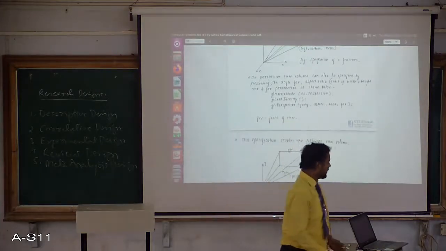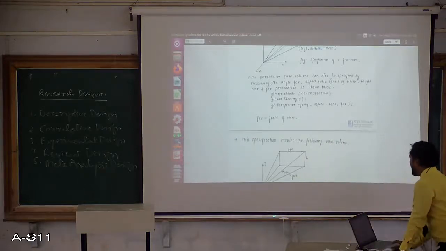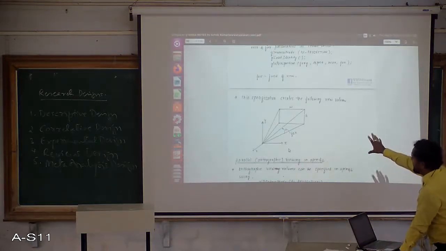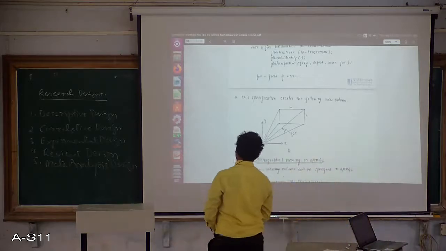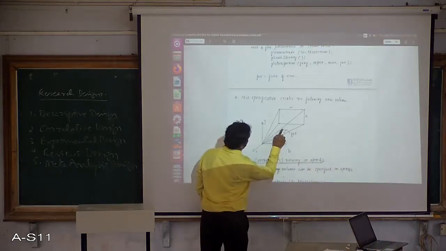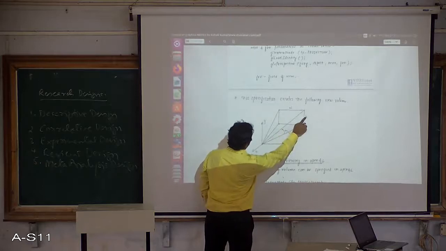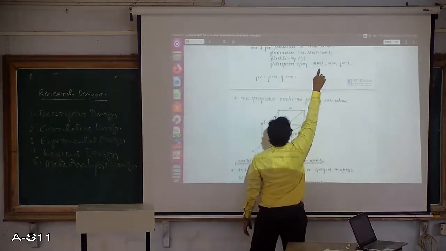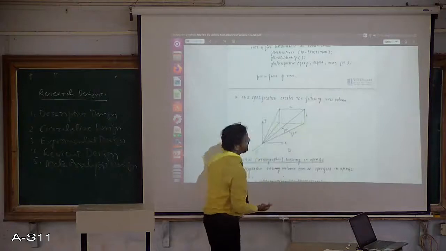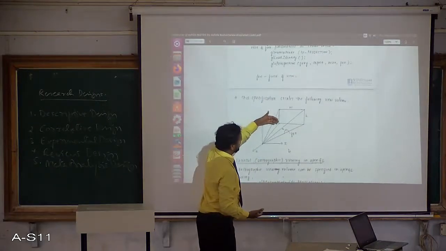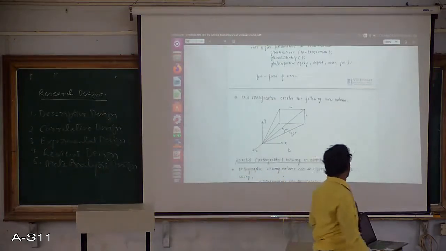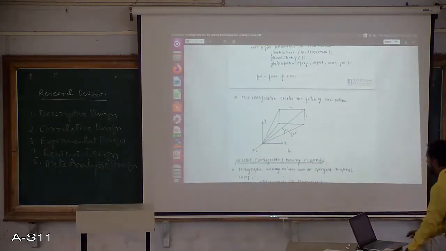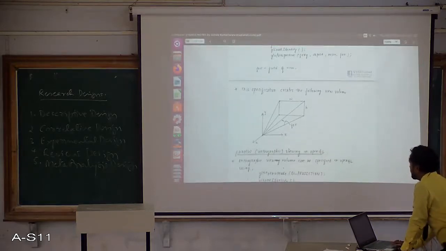Once I specify these lines, you create this kind of specification for the view volume. This is the field of view, that is the angle. This is the width and height, that is the aspect ratio, and near and far, which you are supposed to mention. So this is gluPerspective, and it is going to create the output like this.